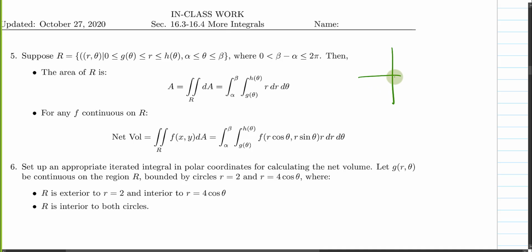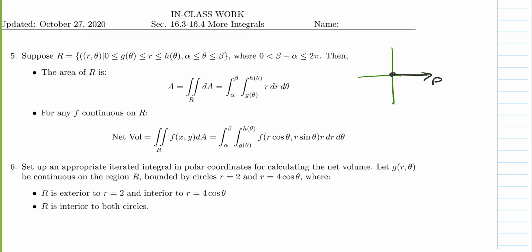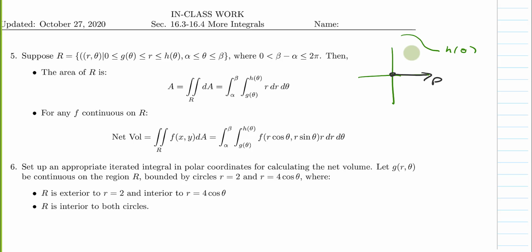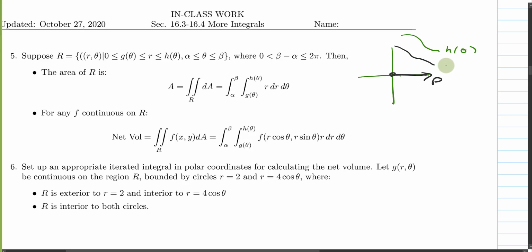We'll do x and y, but we'll put our polar axis over this. And so maybe we have some curve here that's some h of theta, and some curve here that's some g of theta. And we're going to do this between some theta equals alpha and some theta equals beta.